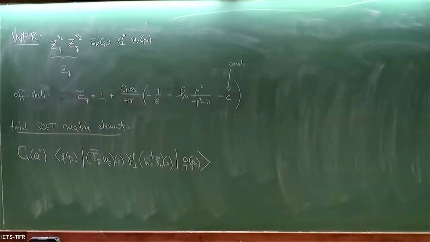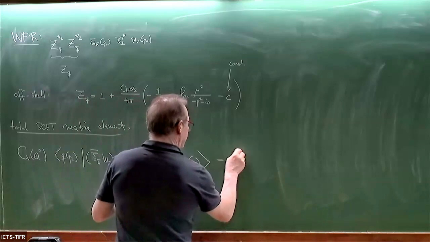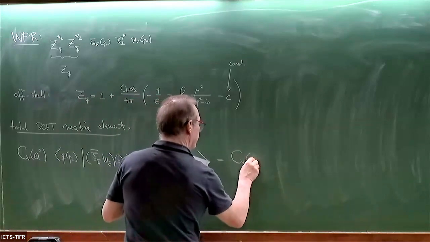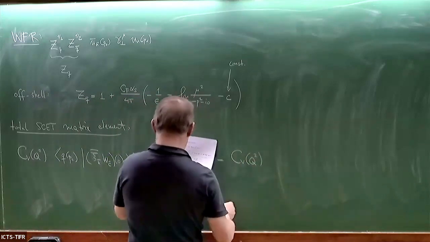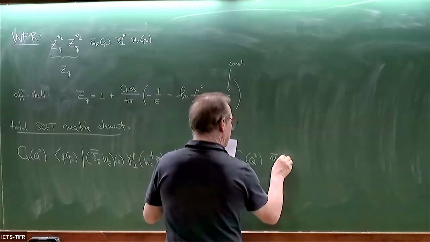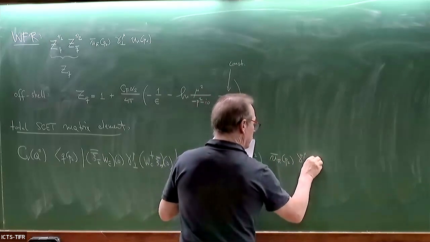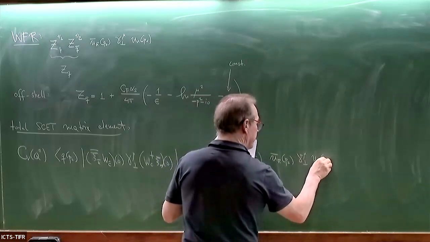That's the total SCET matrix element. And what we find is CV of Q squared times U bar n bar P2, gamma mu perp, U n P1.